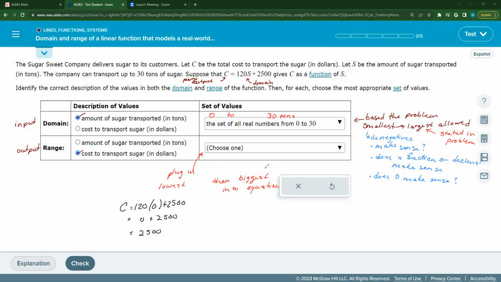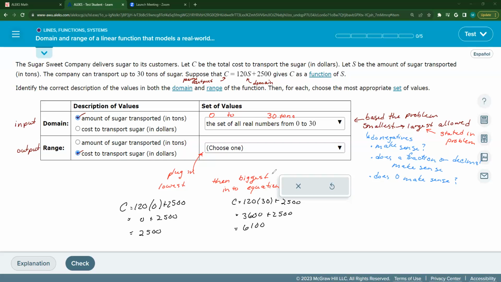And then for this one, I'm plugging in 30. That's my biggest. So C equals 120 times 30 plus 2,500. So 12 times 30 is 360, and then I've got 2 zeros, plus 2,500, and this is going to equal 6,100.